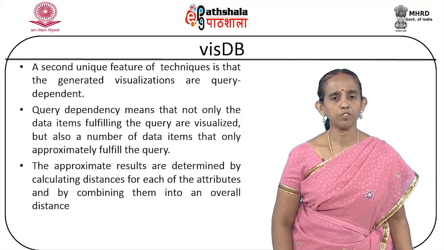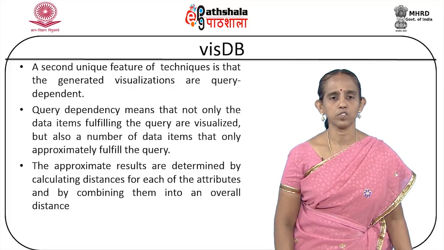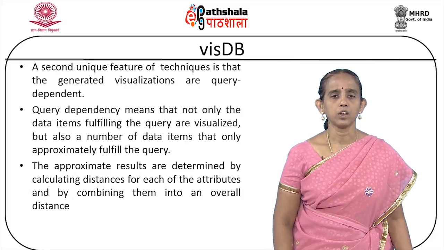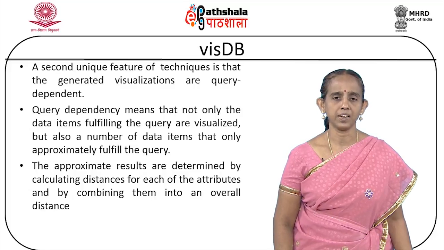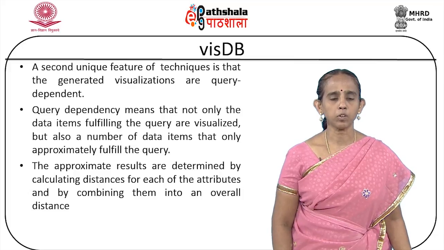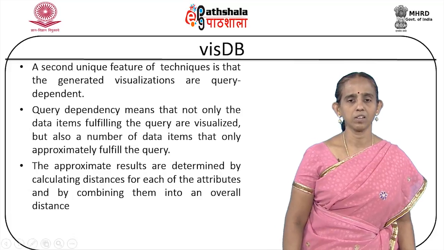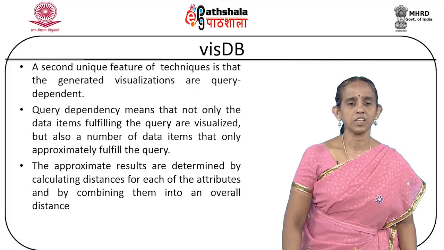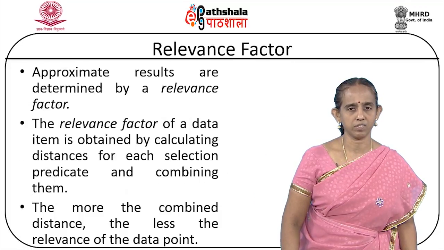A second unique feature of the technique is that the generated visualizations are query dependent. Query dependency means that not only the data items fulfilling the query are visualized, but also a number of data items that only approximately fulfill the query. The approximate results are determined by calculating the distances for each of the attributes and by combining them into an overall distance.